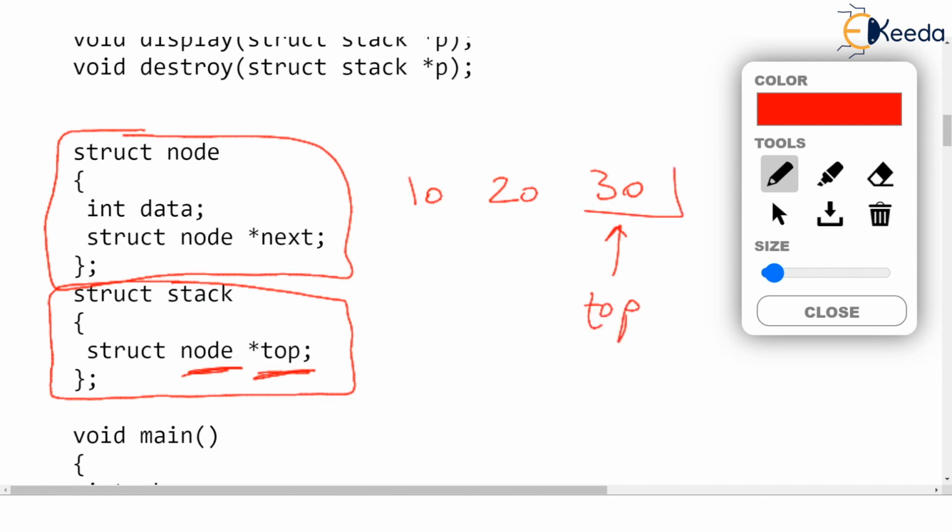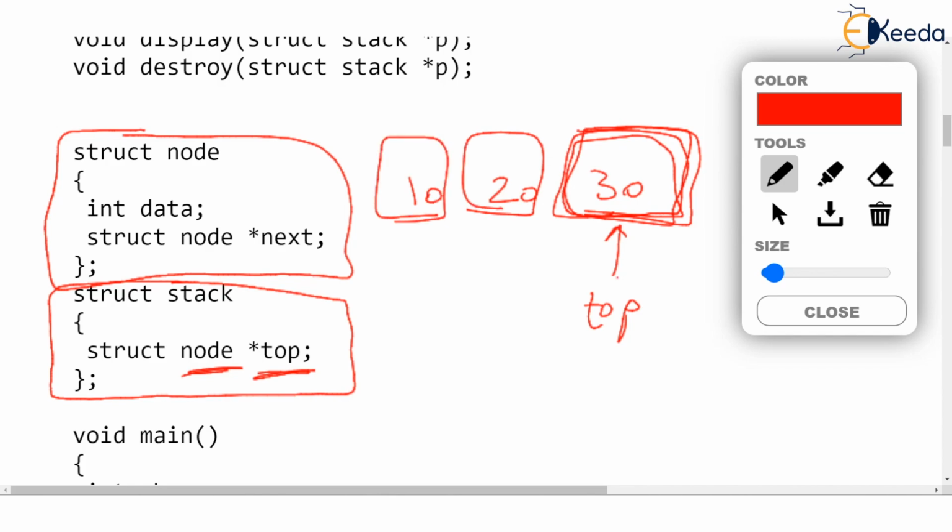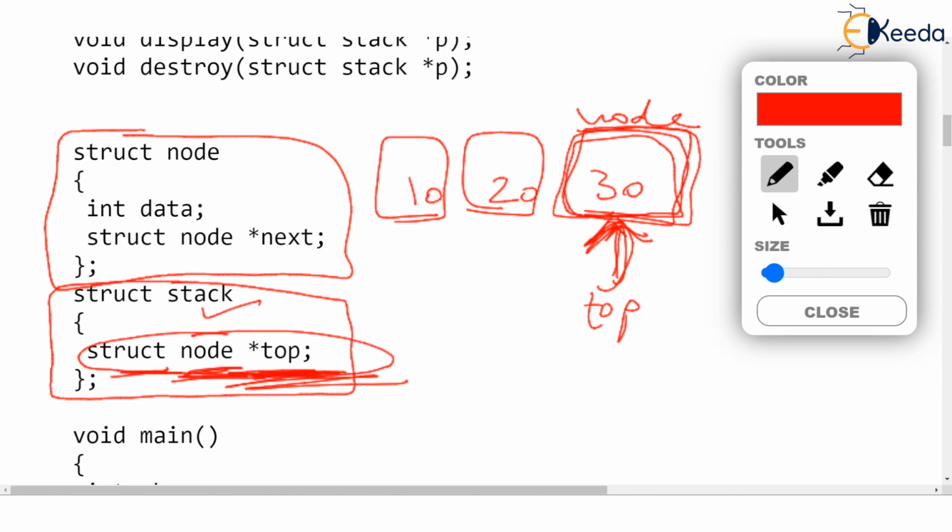This is a node, this is also a node, this is also a node. So what is top doing? Top is pointing to a node. Hence we have declared a pointer called top of node type, which itself is a structure. But notice that this top pointer has been declared inside a structure called stack. You will know the importance of this in coming videos.